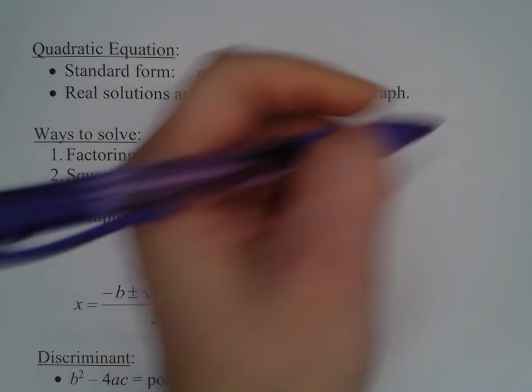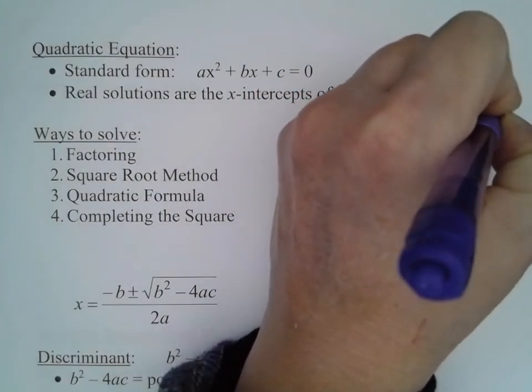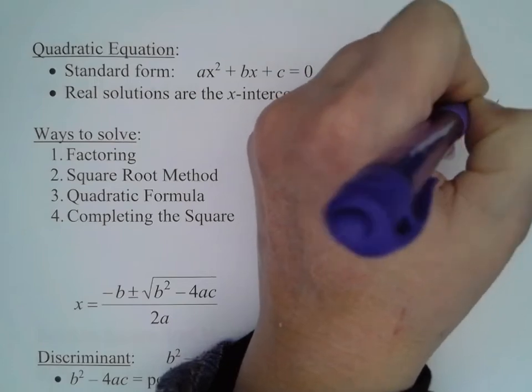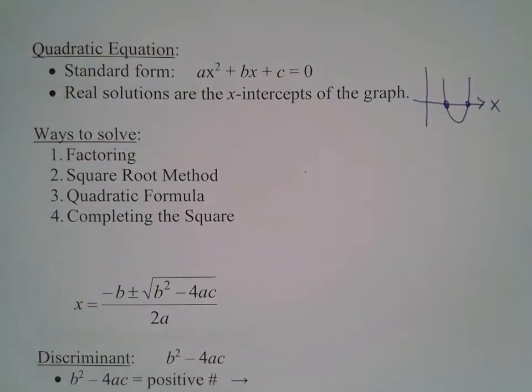So if I have a parabola, the solutions that I get will be the places where that parabola touches the x-axis. It may be in 2 places, it may be in 1 place, it may be in 0 places, right? If we get complex number solutions, that's going to tell us that the parabola does not touch the x-axis. Okay, so all those things are tied together.